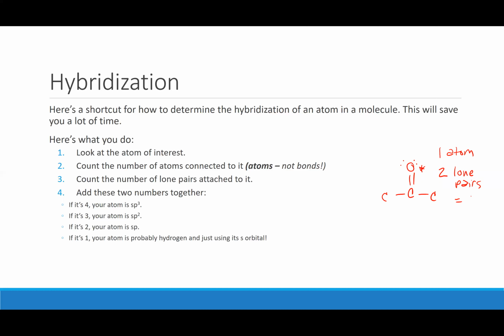So its number would be 3 in total. You're going to add the number of atoms and the number of lone pairs together. You'll get your number. In this case, it's 3. In our earlier case of a carbon here, this was 4 because it has 4 atoms attached to it.